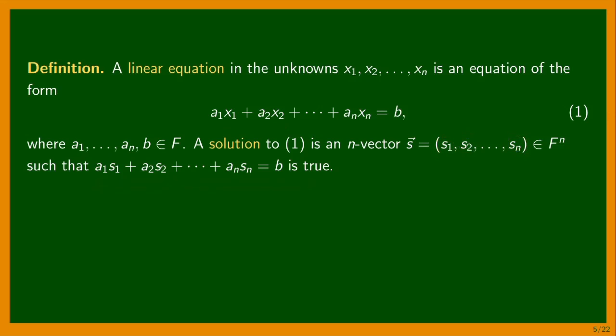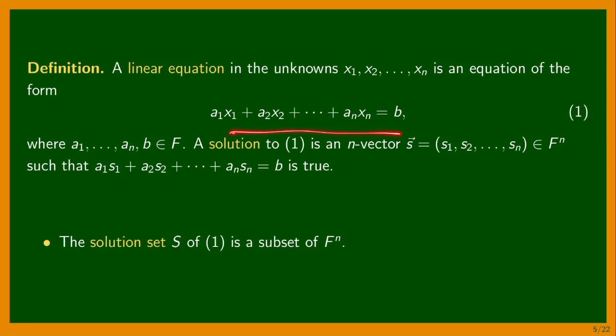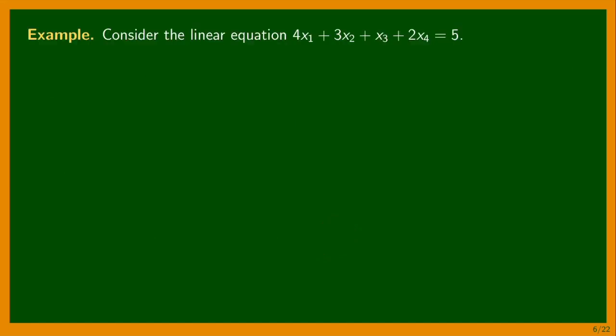True meaning both sides of the equation give us the same result. Take note that the set of all solutions of this equation, or the solution set of this equation, is a subset of Fn, because a solution is of the form s1, s2 up to sn.